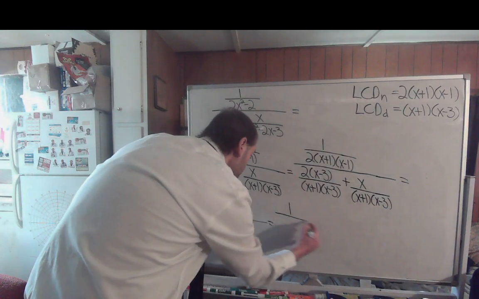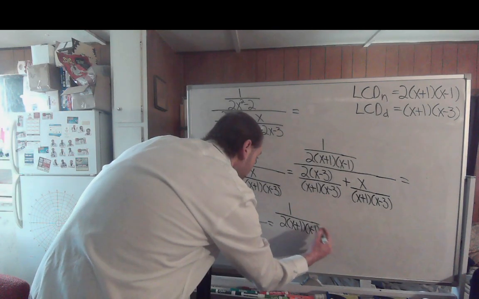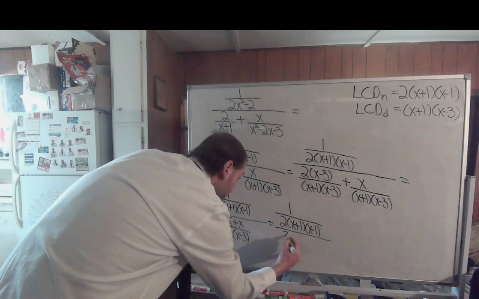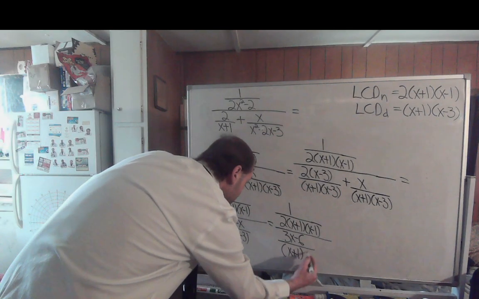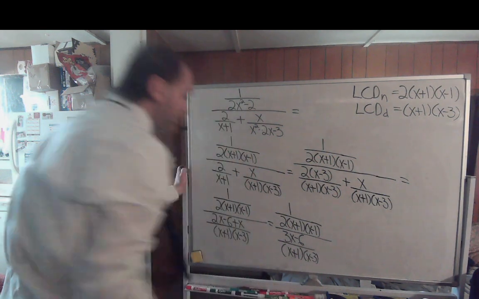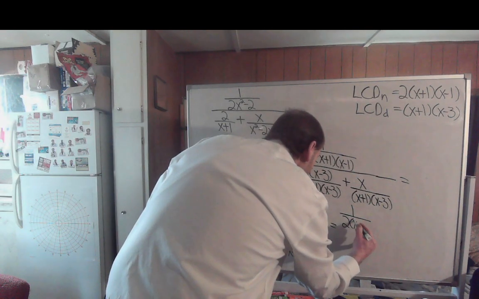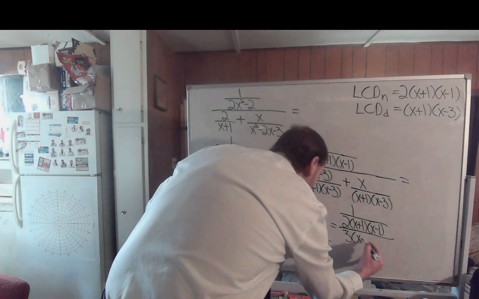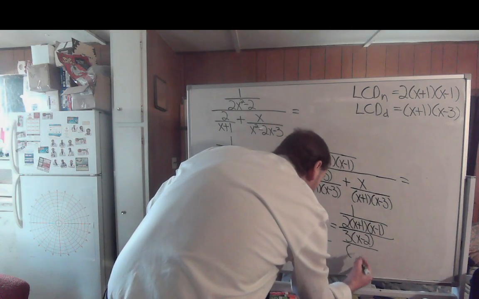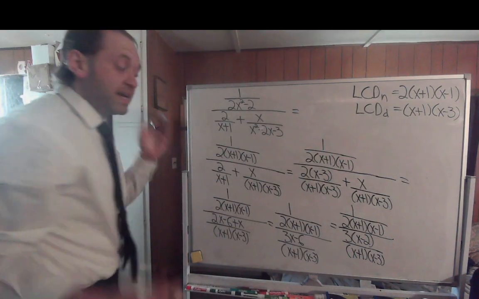This would give you 1 over 2 times x plus 1 times x minus 1, all over 3x minus 6 all over x plus 1 times x minus 3, which can simplify further into 1 over 2 times x plus 1 times x minus 1, all over 3 times x minus 2 all over x plus 1 times x minus 3. All right, we've simplified everything we can now.